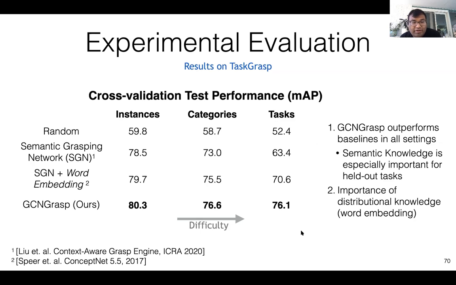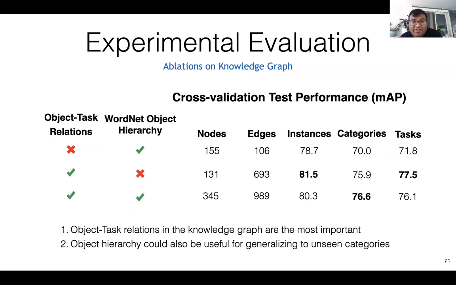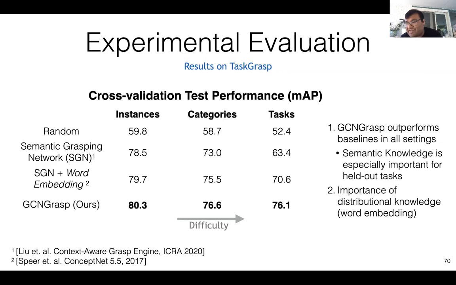The first baseline that we are comparing to is the random baseline. The random baseline is just taking a random stable grasp and seeing whether it's going to be useful for the task or not. The semantic grasping network is like an end-to-end network. You can also combine the semantic grasping network with a word embedding network. And finally, GCN grasp is our approach. As you can see, our approach performs really well, beats all the baselines, but especially for the task setup.